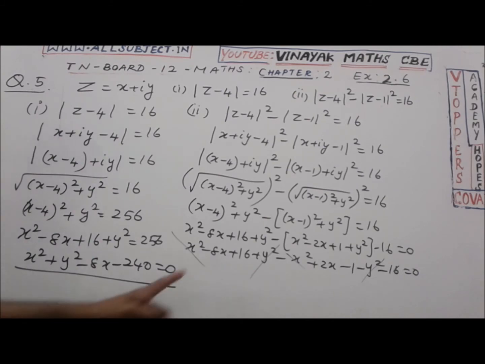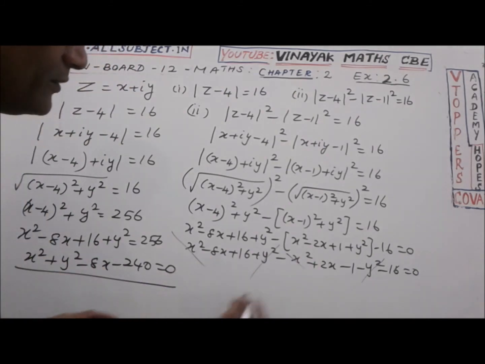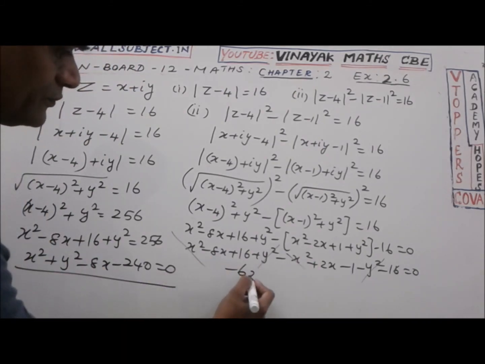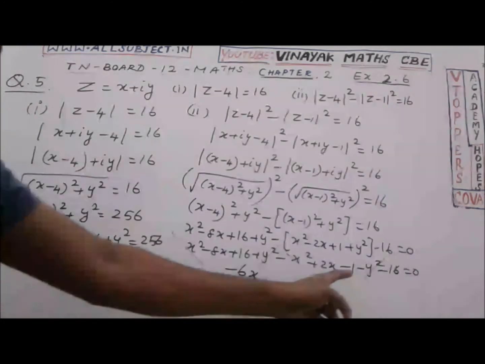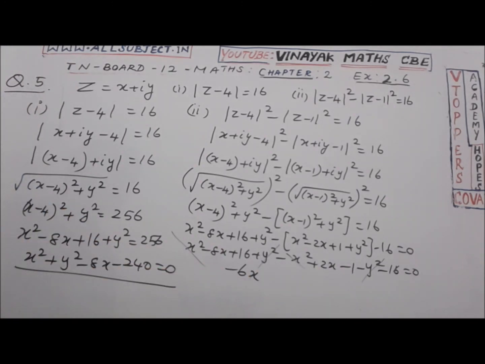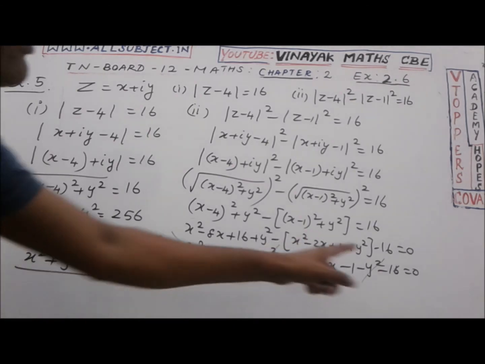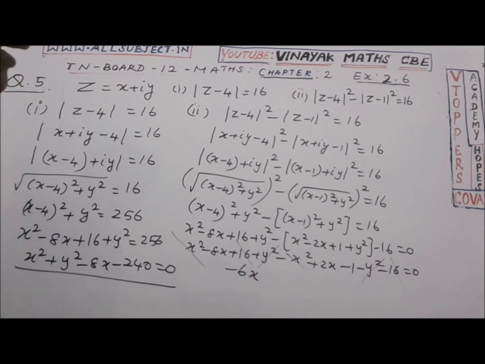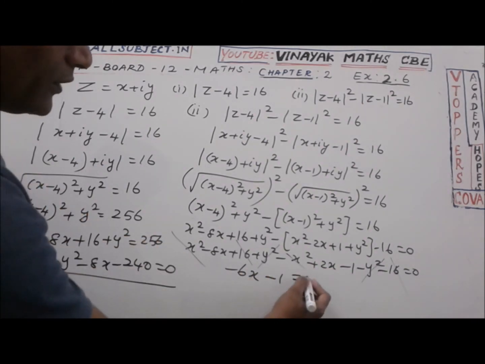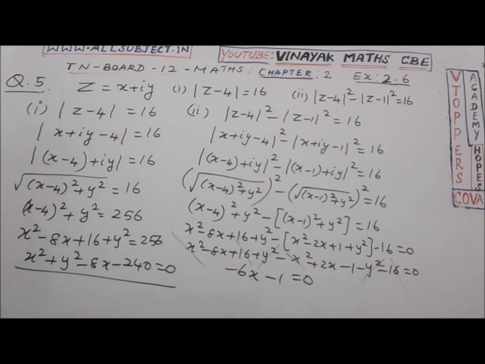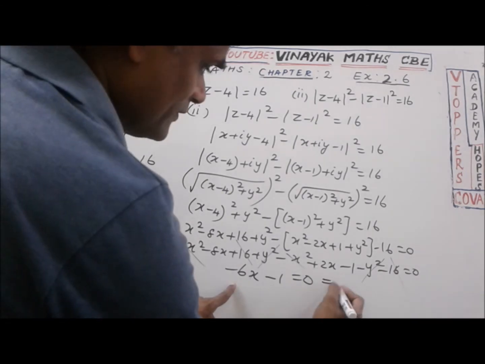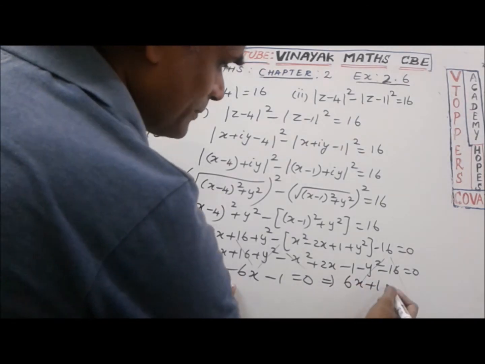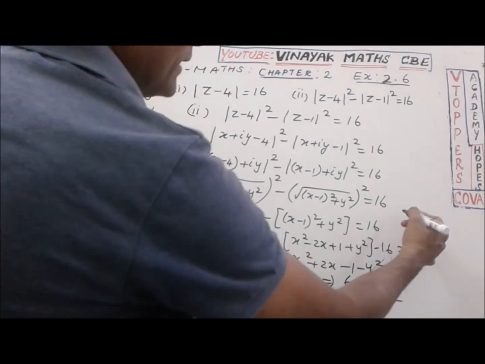The remaining are minus 8x plus 2x is minus 6x, and focusing on y term, no y term here, and then taking the constants, 16 minus 16 also get cancelled, remaining is minus 6x minus 1 equal to 0. When we simplify it, we will get 6x plus 1 equal to 0 as the answer.